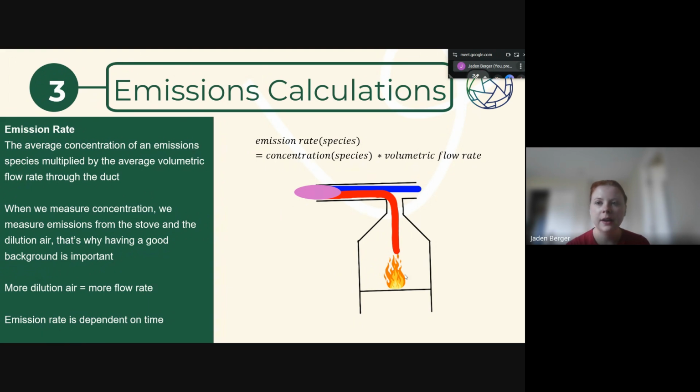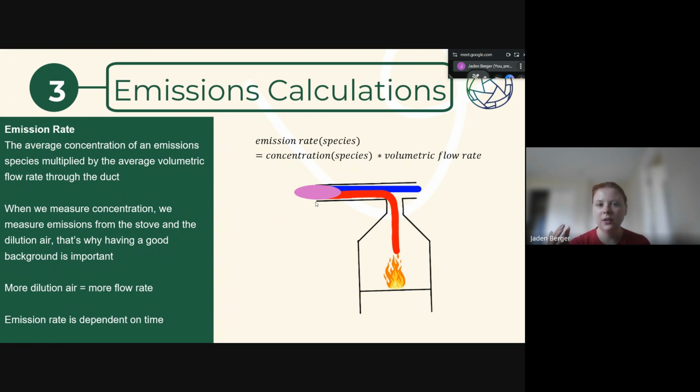And what's happening when we're measuring our sample gases is that we've got this red line, that's our emissions from our stove. But we've also got a blue line, which is our dilution air. And so in the duct, those two are mixing together and they're making purple, because red and blue make purple. And so our sensor box is measuring a purple gas.